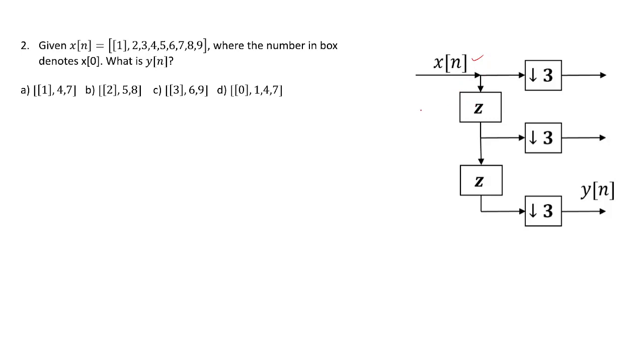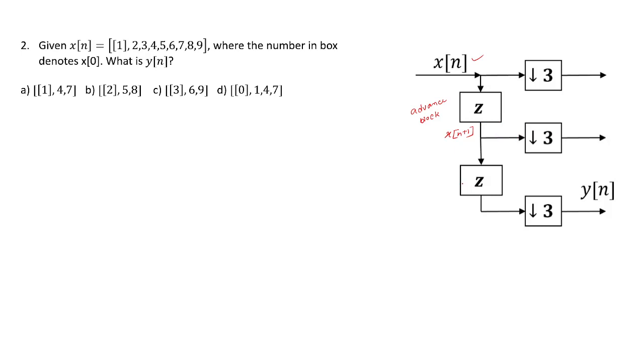Z is nothing but an advance block, a fundamental discrete signal processing block. That is, you obtain x n plus 1 here. You feed this advanced version of your input sequence to the downsampler block in the second branch.